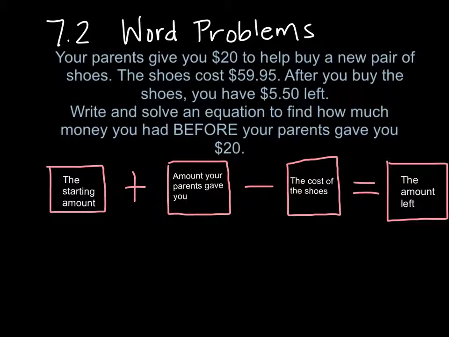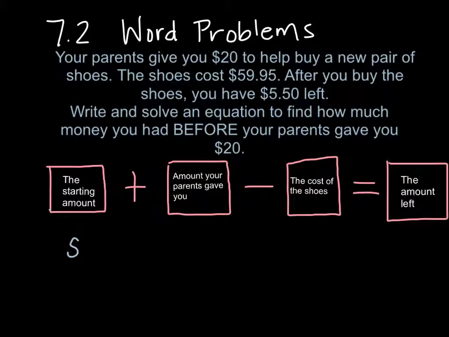So all of our words that we have in boxes here, we need to start filling them in with variables and figure out what our equations are. So what variable should we use? Obviously, the starting amount is the amount we don't know yet, so that's going to be S. That's our starting amount.